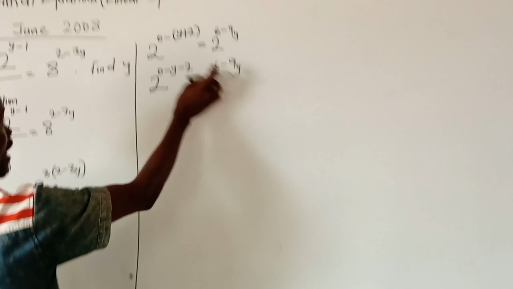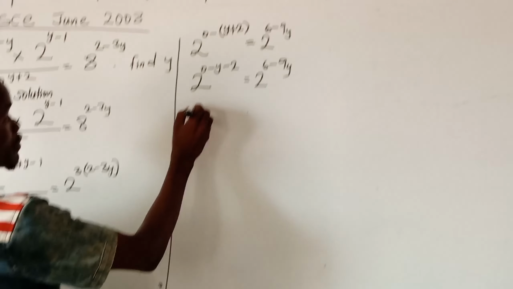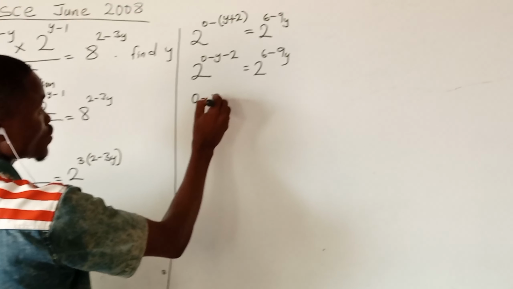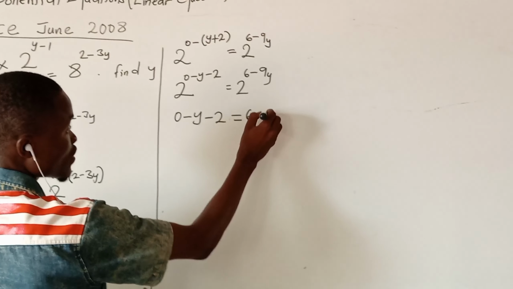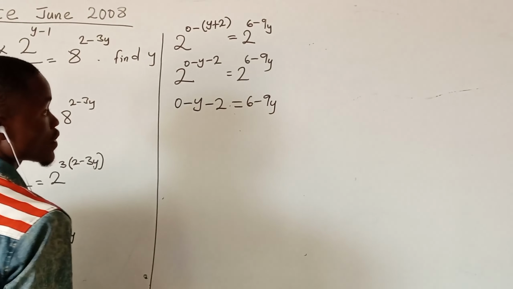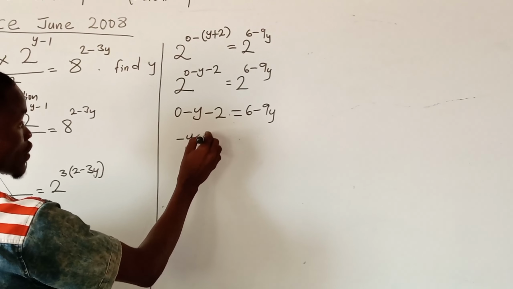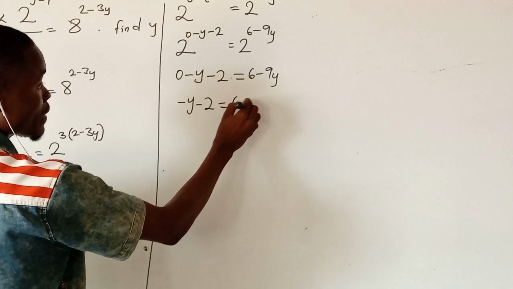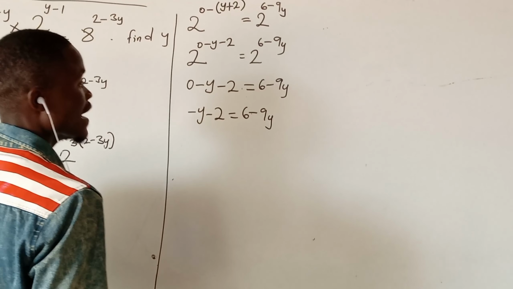Since they have the same base, you just equate the powers: 0 minus y minus 2 equals 6 minus 9y. So what remains is minus y minus 2 equals 6 minus 9y. You collect like terms.